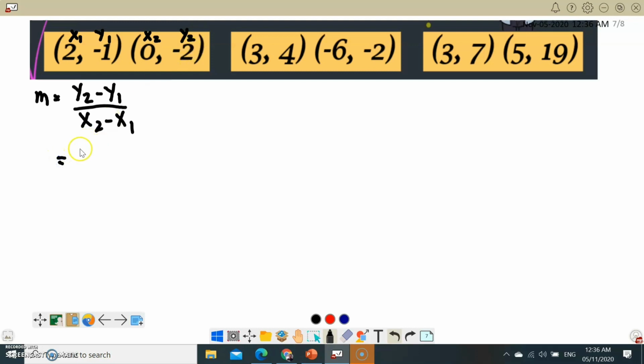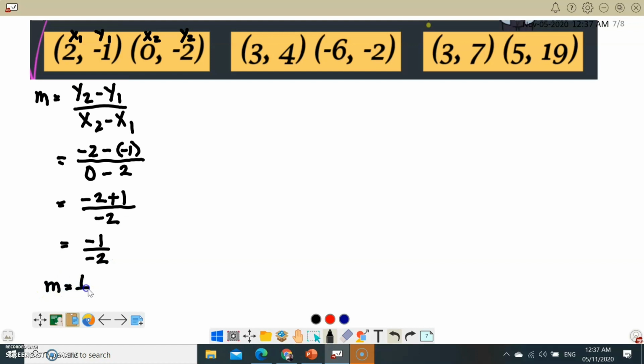Y sub 2 is equal to negative 2 minus y sub 1 is equal to negative 1 over x sub 2 is equal to 0 minus x sub 1 is equal to positive 2. Then we now have negative 2, so negative multiplied by negative 1 is positive 1 over 0 minus 2 is negative 2. So negative 2 plus 1 is equal to negative 1 over negative 2. The slope now is equal to positive 1/2.